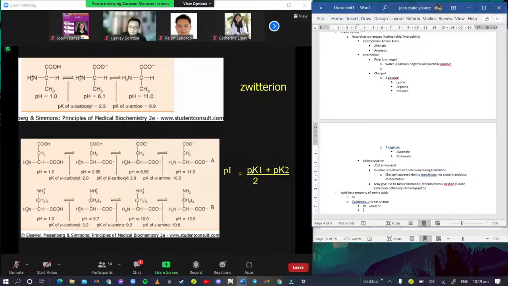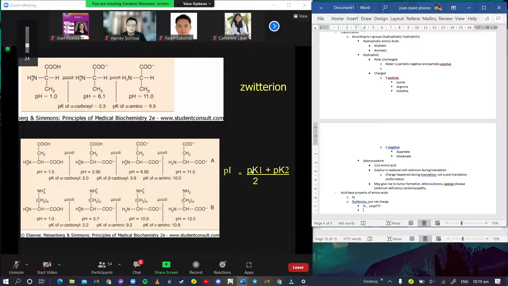So this is now wherein you have a negative molecule. And then as you add more base, it will act on the alpha amino group, which will also lose its proton. So in the basic environment, it becomes more negative, while at the beginning, in the acidic environment, it is positive. Are you getting it?